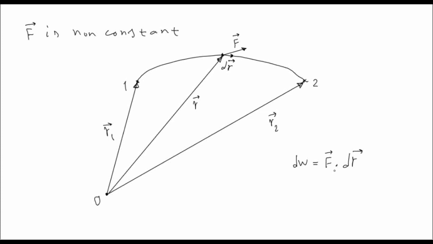Now, if you find the integral of this relation from point 1 to point 2, that is W equals integral of F dot dr from initial position vector R index 1 to the final position vector R index 2.